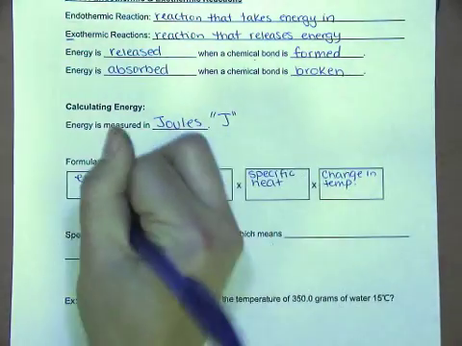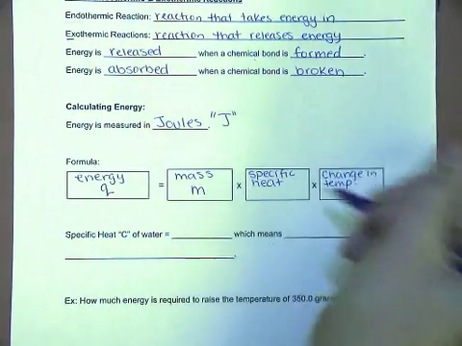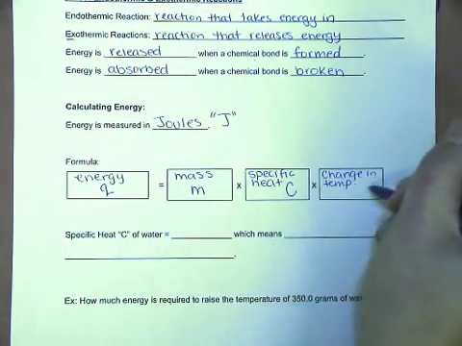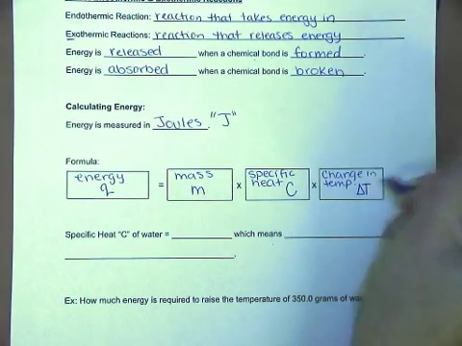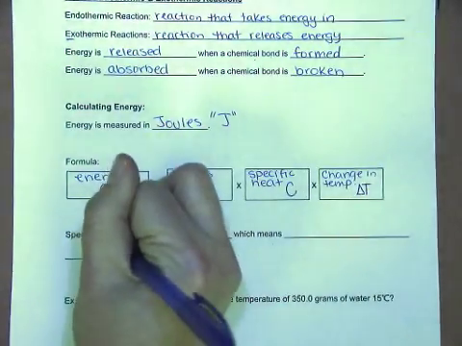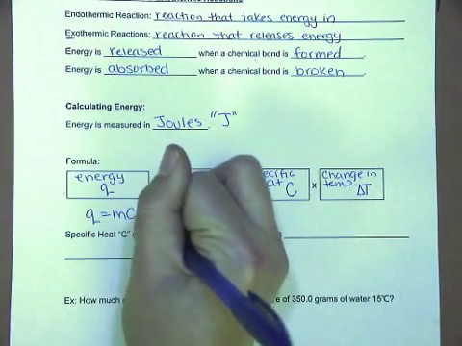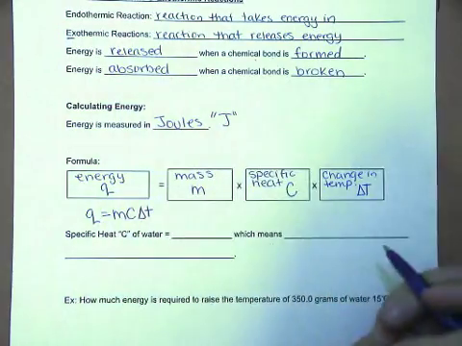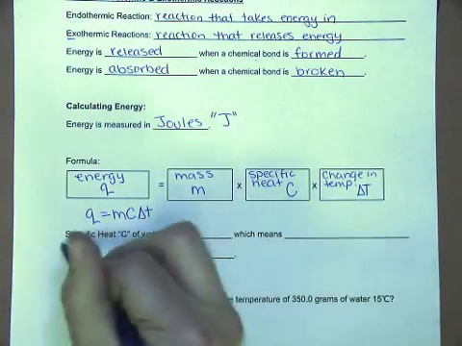So my formula is Q, lowercase q, mass is M, specific heat is C, change in temperature is delta T. So if I were to write that, Q equals MC delta T.